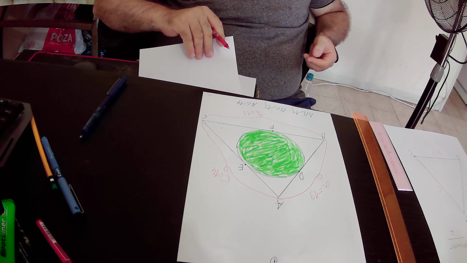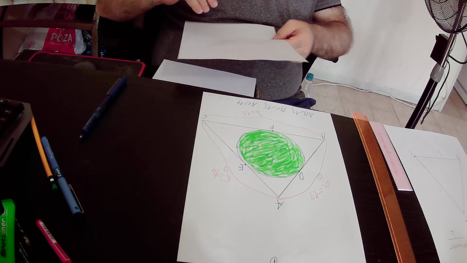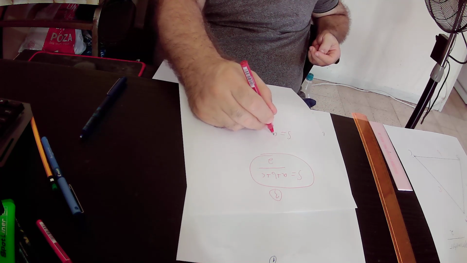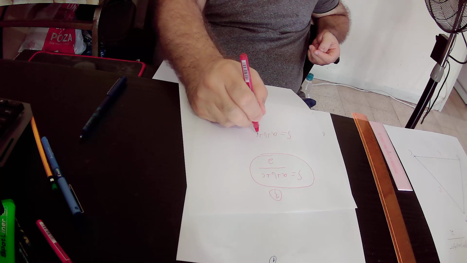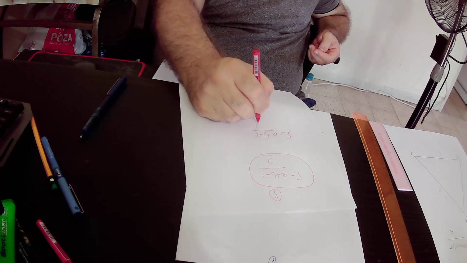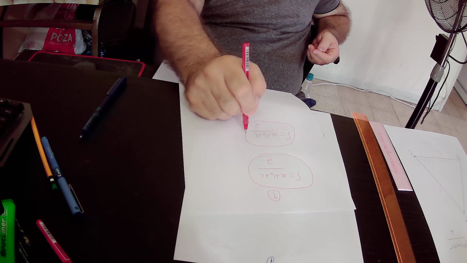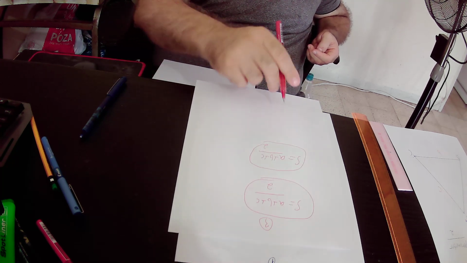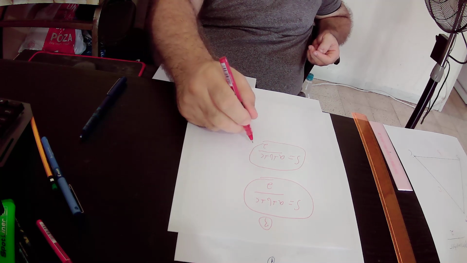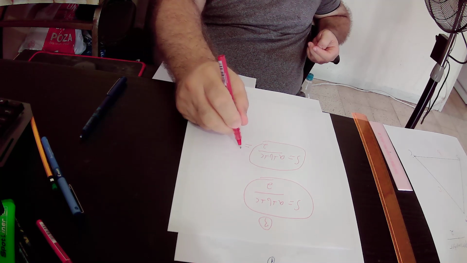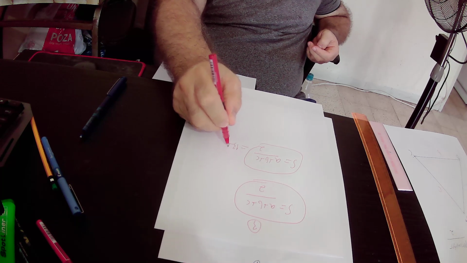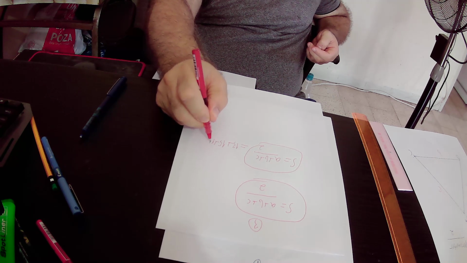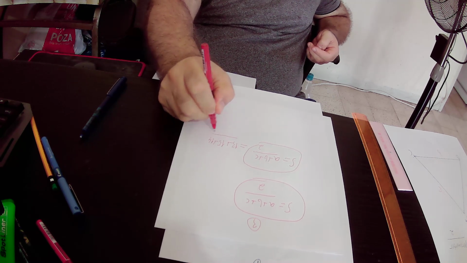So the semi-perimeter of any triangle equals the sum of its sides, A plus B plus C, over 2. And the semi-perimeter of our triangle ABC equals A, that is 13, plus B, that is 15, plus C, that is 14, over 2.